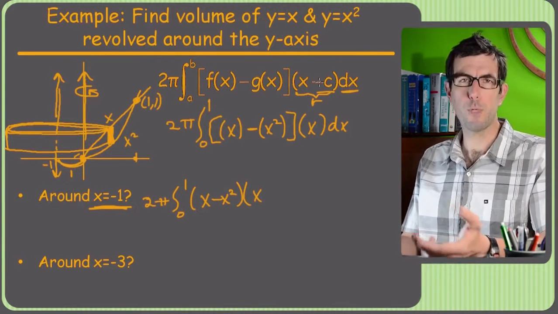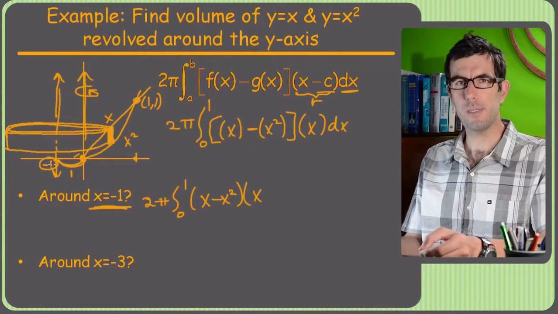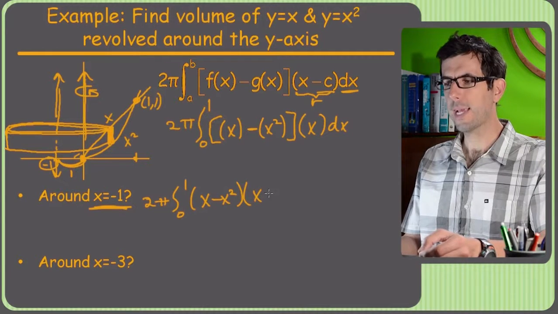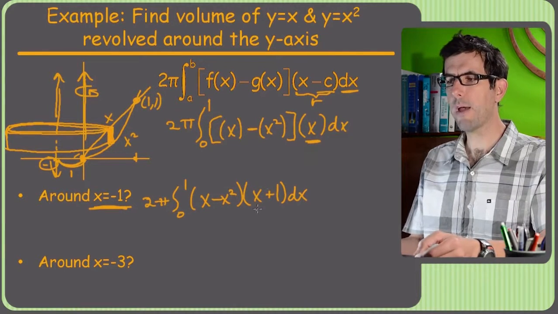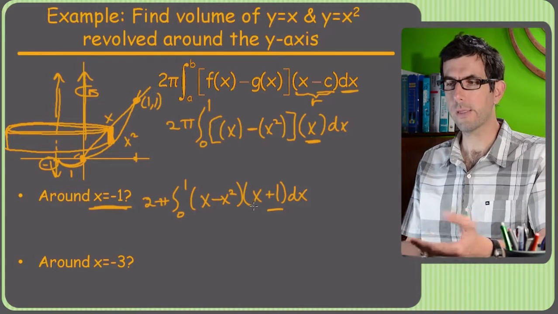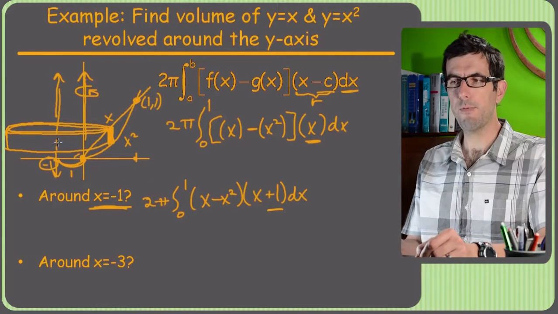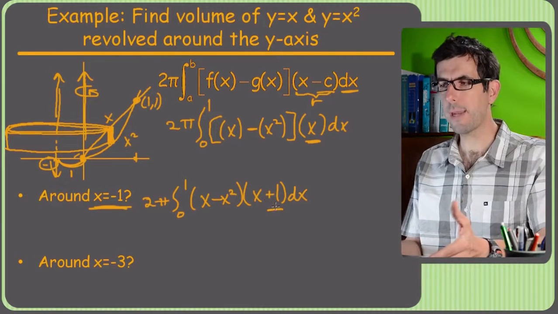Now you might be wondering, why would we take away c? Well, c is just the actual coordinate, so there's a negative built into it. So the point is you're going to get x plus 1. Whether you look at that as saying, on the original problem I just had x here, but now I've got one more, so one bigger radius, is one way to look at this. By moving the spin axis further away from the region, we had to add to the radius, so that's why we added 1.